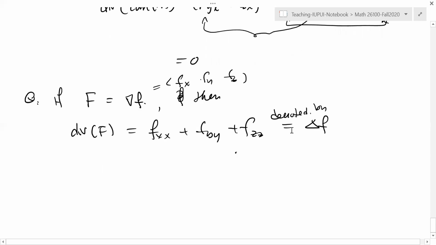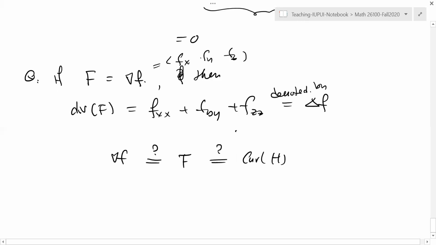So the divergence of a vector field, if the vector field is the gradient of some function, is going to be 0. Now, given a vector field, you have two possibilities. One is it can be written as a gradient of some function. Another is it can be viewed as a curl of some function.